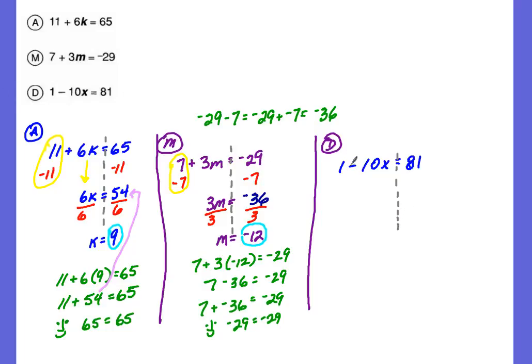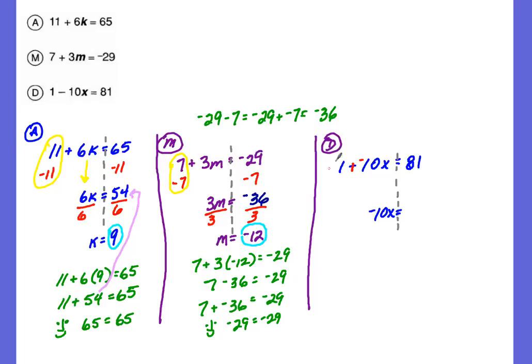My first question is, how much is negative 10x? This is a place where I would definitely change this to 1 plus negative 10x, so that I know negative 10 is my coefficient. I know that my first goal is to find out how much is negative 10x.